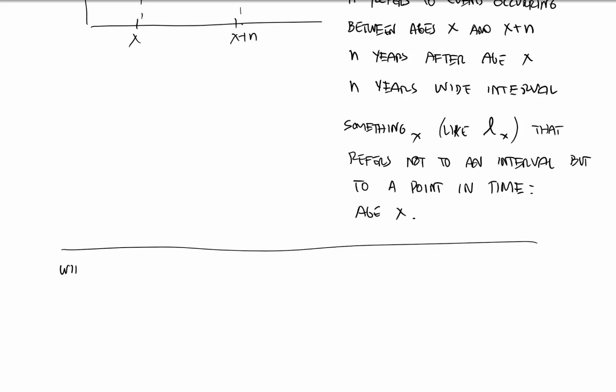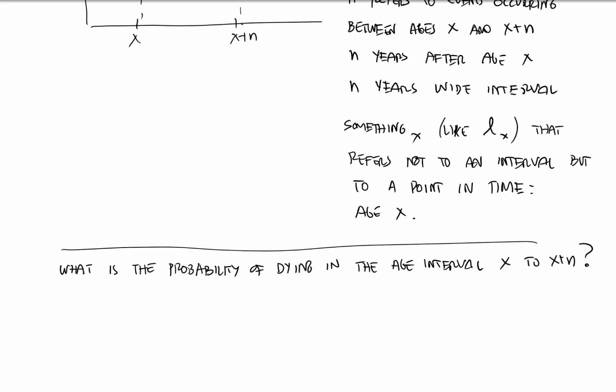I'm going to ask, what is the probability of dying in the age interval x to x plus n? Well, you can see it now. That should be the numbers of people dying in that interval x to x plus n divided by the people who started off that interval.